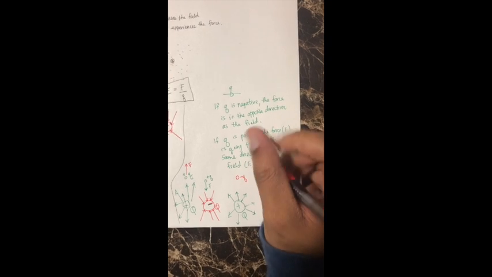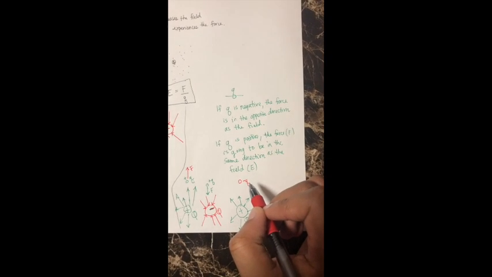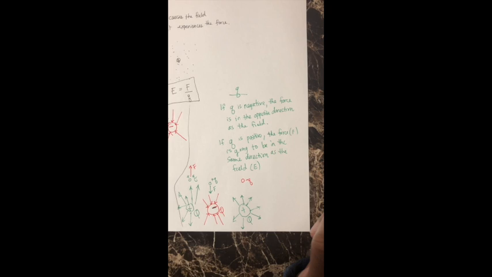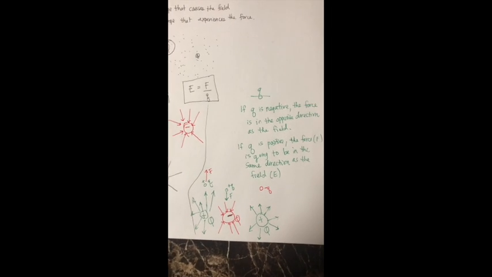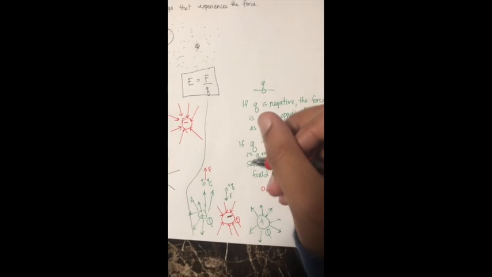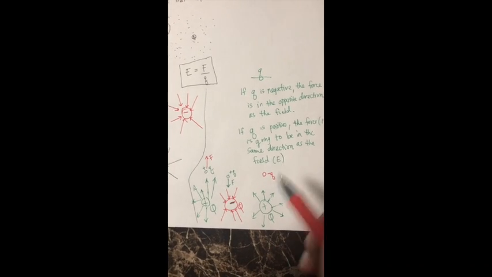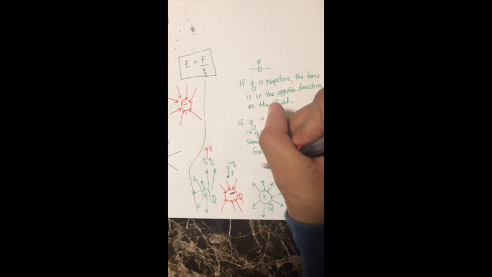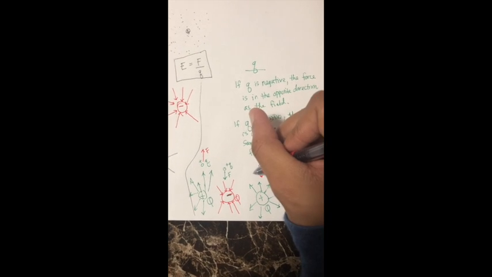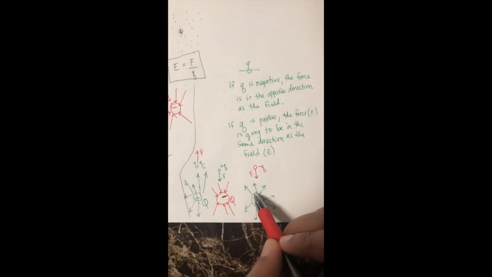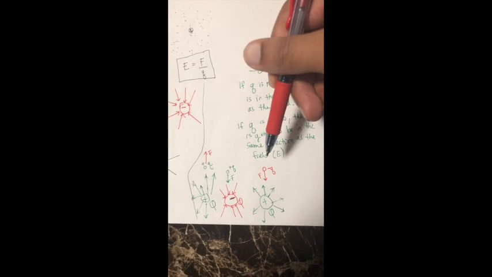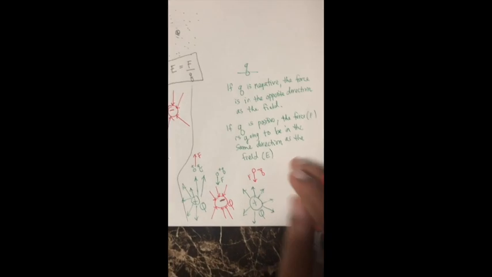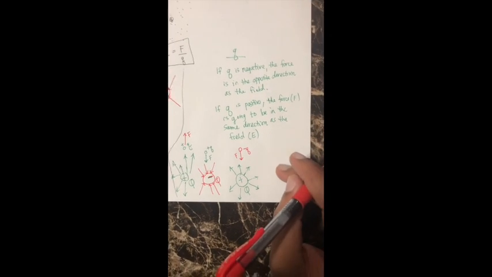Which way is the force going to be pointed if little q is negative? In the opposite direction. So if my field is pointing up, the force here is going to be pointed down, because when this field hits this, it's coming from this direction. So this force has to be in the opposite direction, which will be that way.